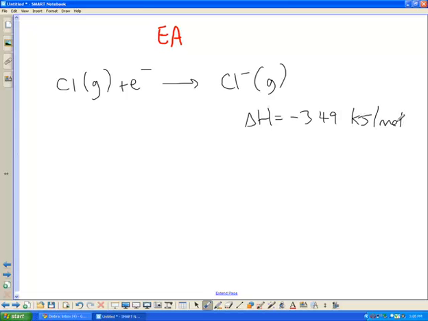Now, one other problem with electron affinity is not every one of these is exothermic. Some are endothermic. Some have numbers that don't quite follow any sort of a trend. But the general, and this is general with a capital G, the general trend for electron affinity is that it increases.